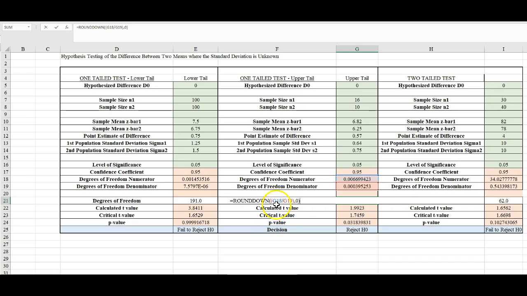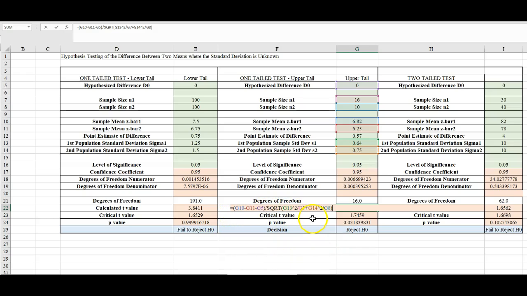We take the ratio, the numerator divided by the denominator, 0 decimal places, and we want to round down whatever the decimal portion is, which gives us the 16 degrees of freedom. We calculate the t-value using that t-value equation.